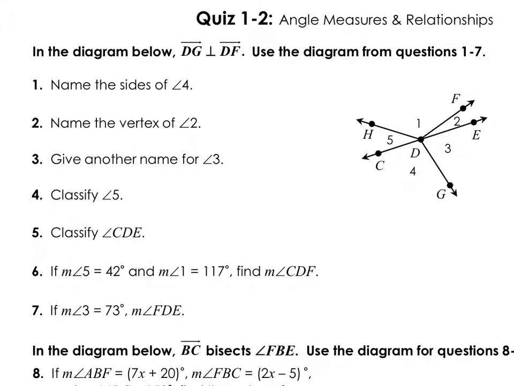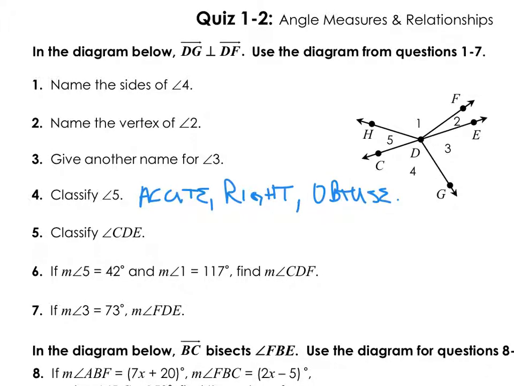Classify angle 5. So when we say classify, it could mean that it is either acute, right, or obtuse. Okay, so that's what you're going to do with number 4, I'm sorry, for angle 5. It's going to be one of those 3.